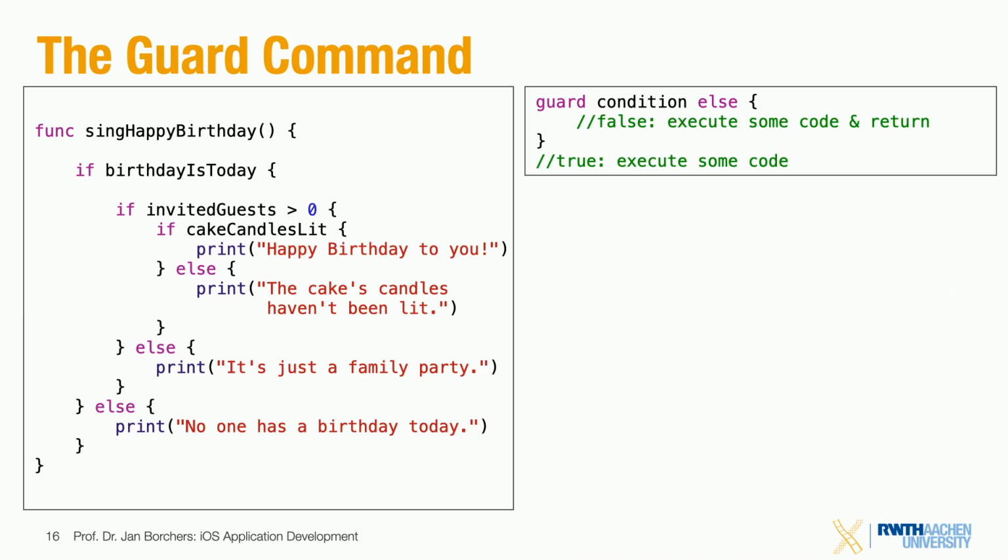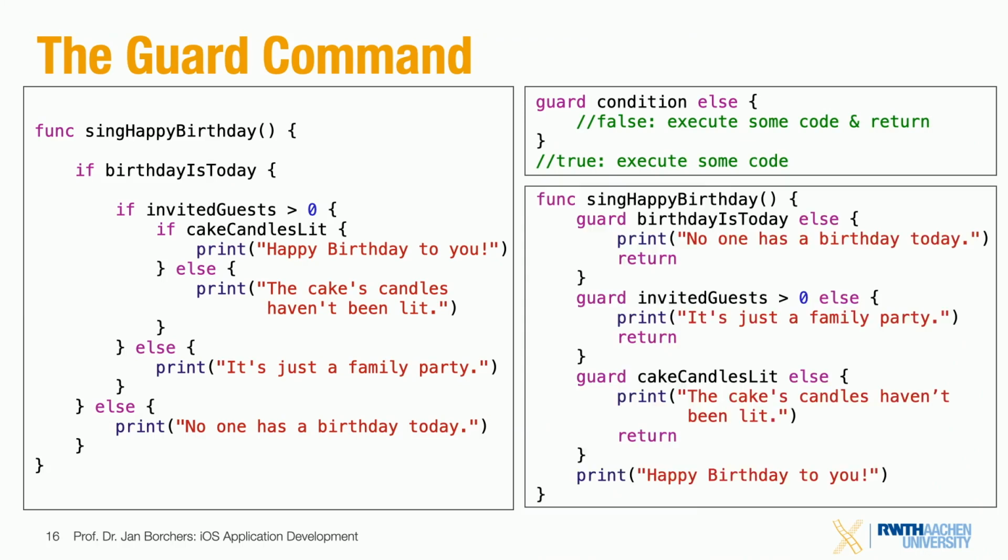Looking at this example, what would happen if we use guard for that is we first check, is the birthday today? And if that's not the case, okay, no one has their birthday today. We don't need to worry any more about what's coming after. We're returning at this point, and we're done. If we reach this point, then we know that birthday is today was actually true, and we check for the invited guests.